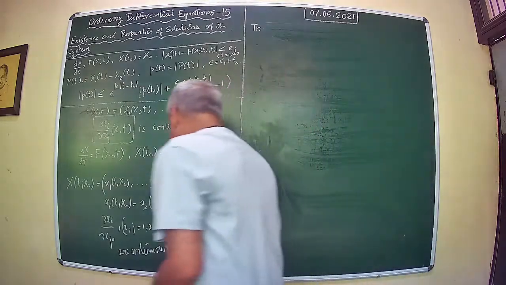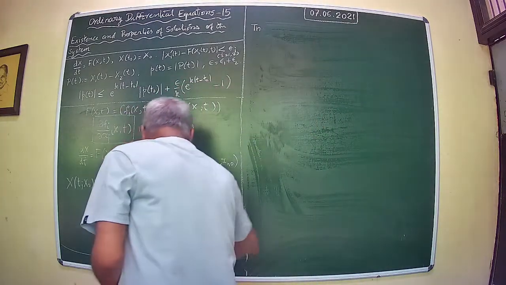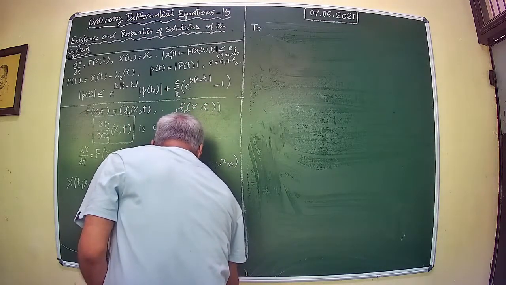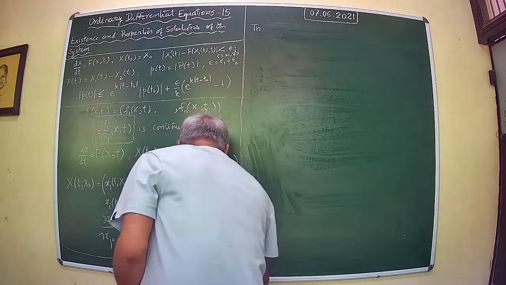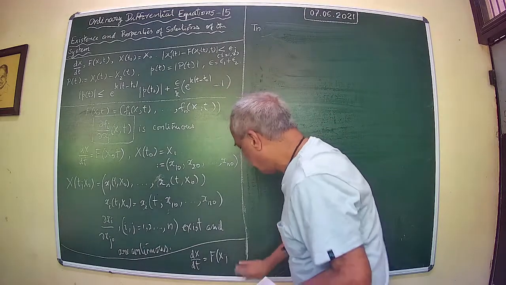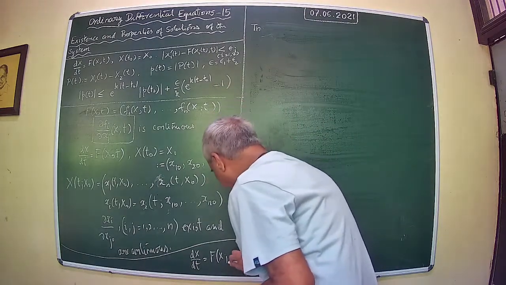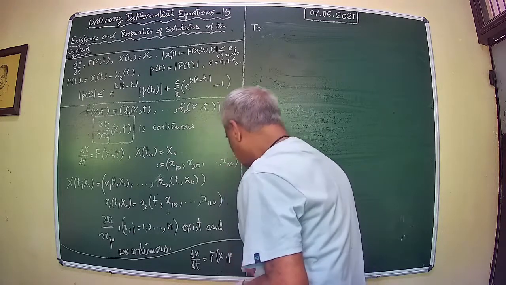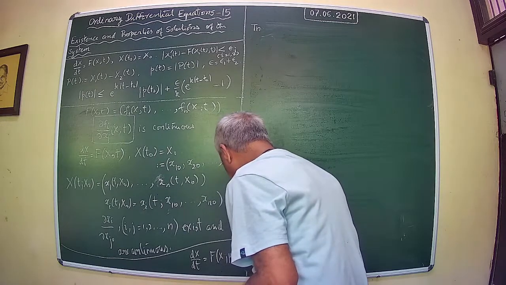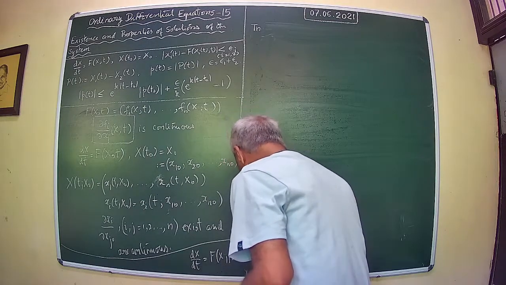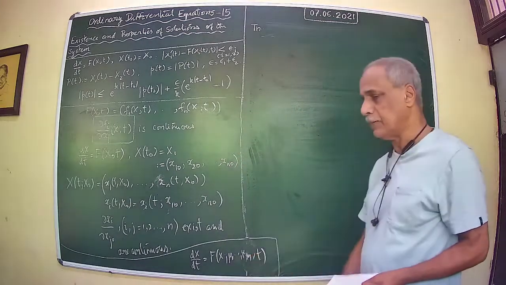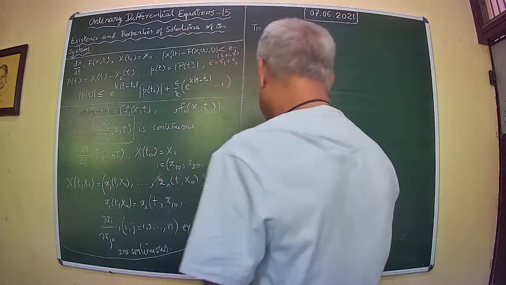You have the equation as dx by dt equal to f of x and t, and suppose you have a vector mu, say mu1, mu2, etc., mu m, not necessarily n, you don't need that. Suppose there are some parameters here, mu1, mu2, etc., mu m, and t.